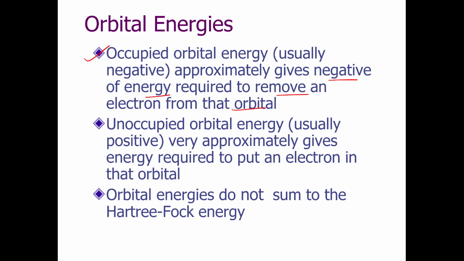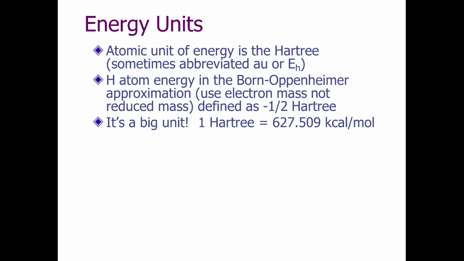That is actually Koopmans' theorem. And the unoccupied orbital, very approximately, gives the energy required to put an electron in that orbital. That is the Koopmans' approximation to the electron affinity. And again, if you sum the orbital energies, it's not the Hartree-Fock energy. The energy unit in Hartree-Fock is the Hartree.